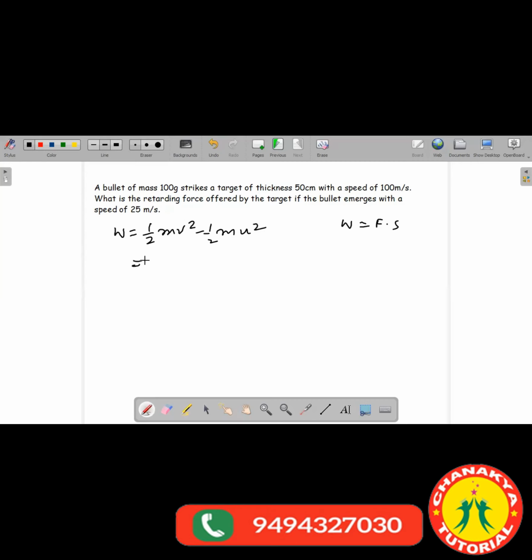So we can put 1 by 2 multiply mass 0.1 kilogram.